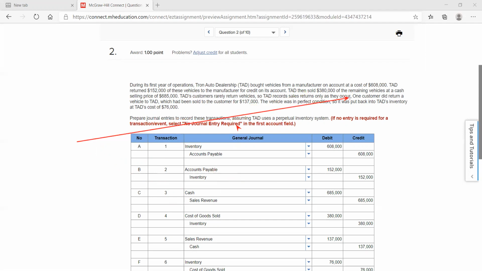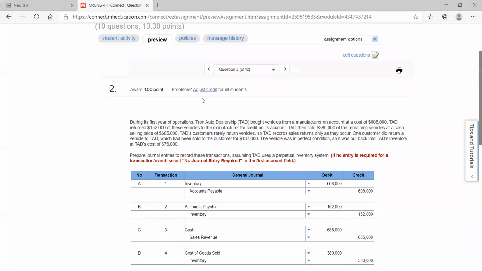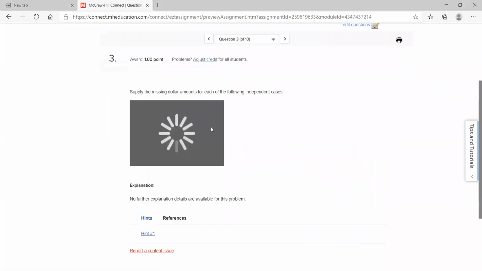And then it looks like one customer did return a vehicle which had been sold for 137. It was put back into their inventory at a cost of 76,000. Down below, you've got the 2 entries where you've got the return, debit sales revenue, credit cash, and then there's the cost, you're putting it back into inventory. All right, so that would be question number 2.